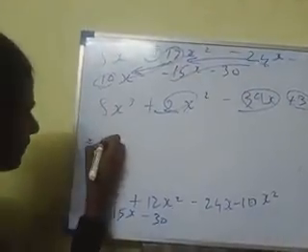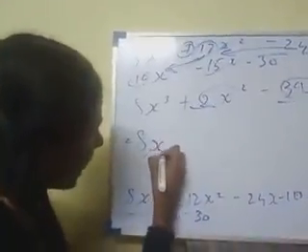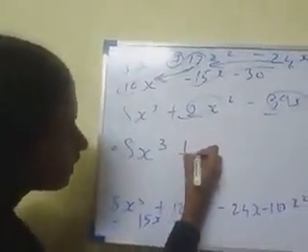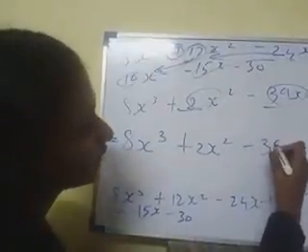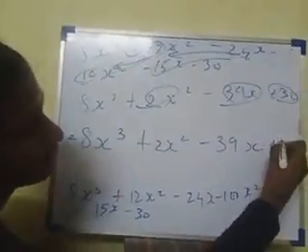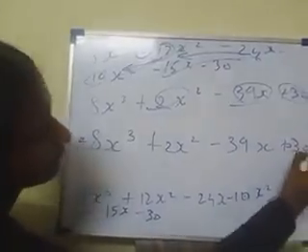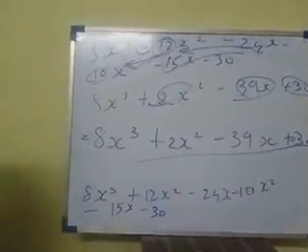So the sum is equal to 8x³ plus 2x² minus 39x plus 30. So this is the answer.